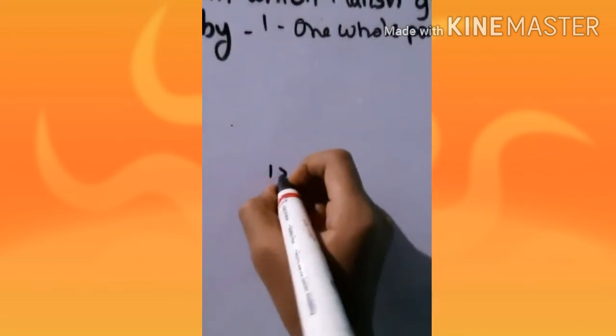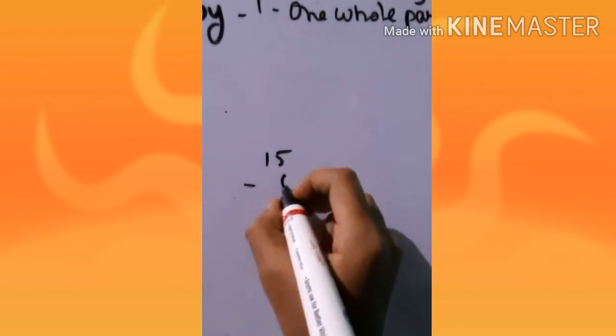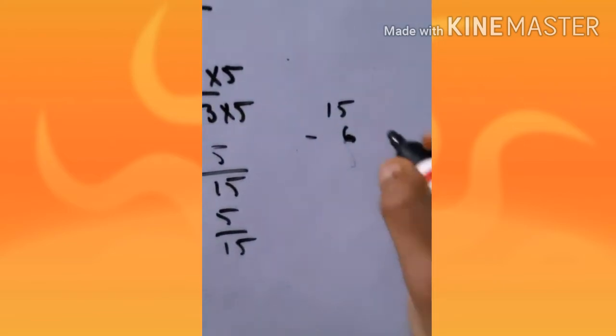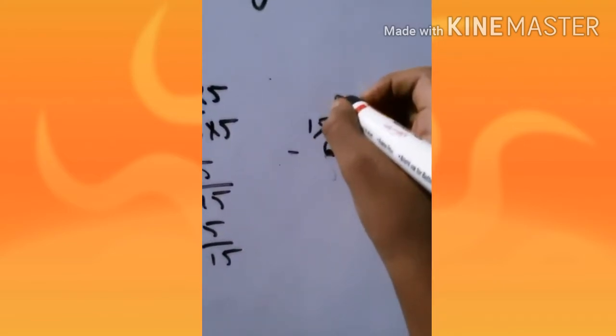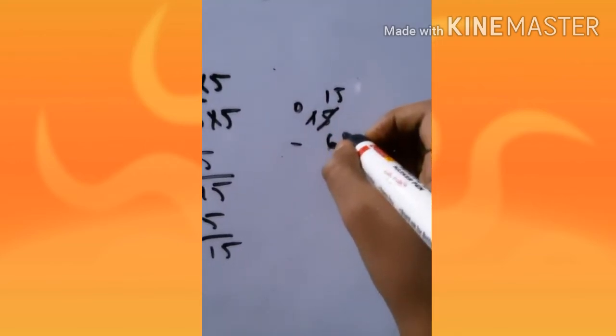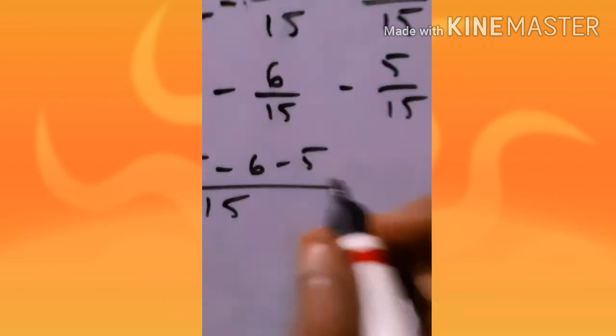Now we will calculate roughly. When we subtract 6 from 15, the answer comes as 9.